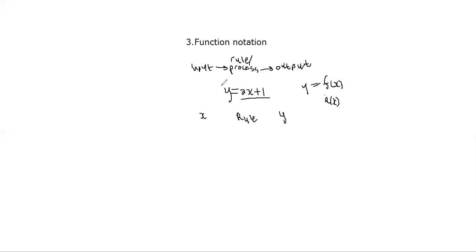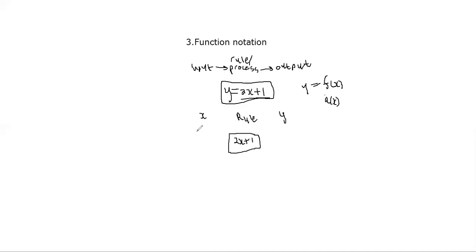So this equation, this expression you're given here, simply means that to get the y value, you substitute the x value here, multiply it by 2, and add 1. So this is the rule. The rule is 2x plus 1. This is your rule.